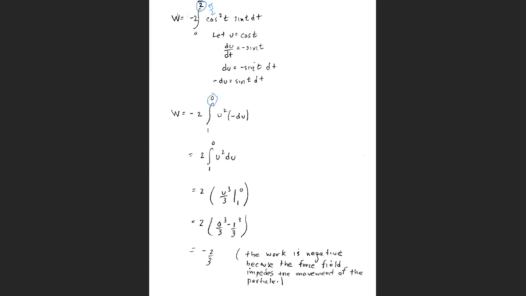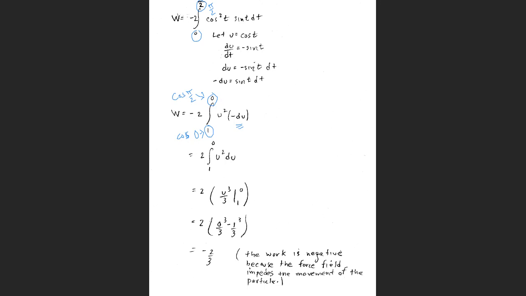So how do we get 0? That's just by taking the cosine of pi over 2. And then we have a 0 on the bottom. How do we get a limit of 1 here? That's the cosine of 0. That gets you 1. So our u limits go from 1 to 0.